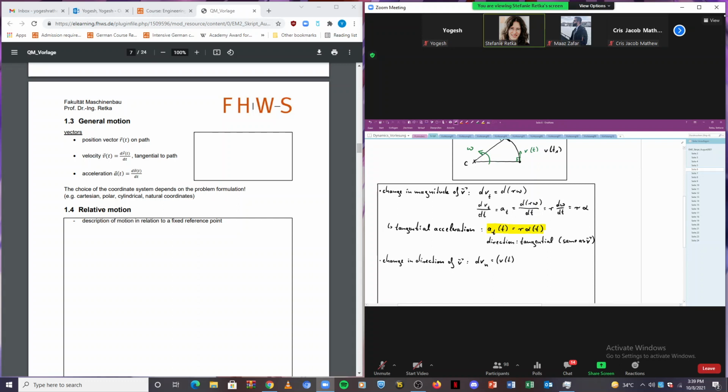So we have the velocity itself, and we also have to consider the change in magnitude. Since we're only considering a small time interval, it's this change dVt as stated above. And then it changes dependent on the angle, dependent on the position.